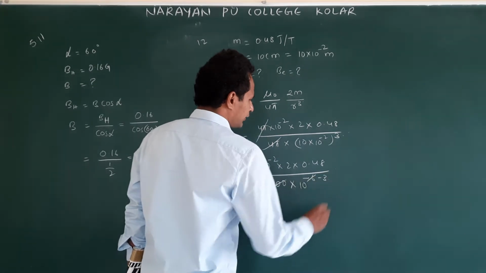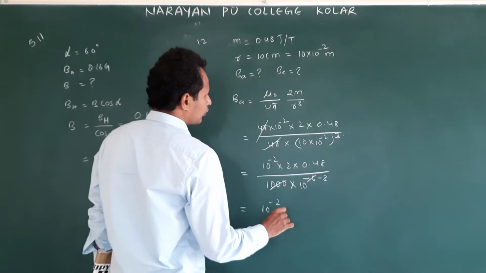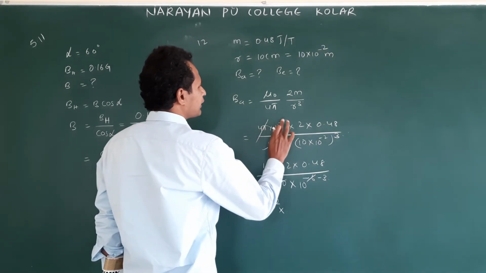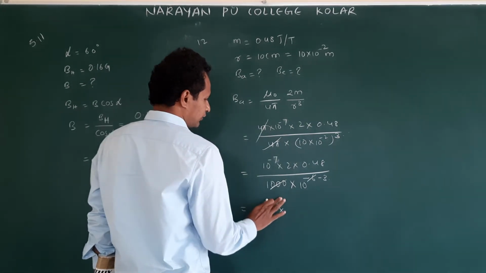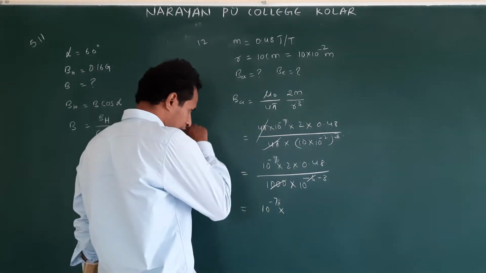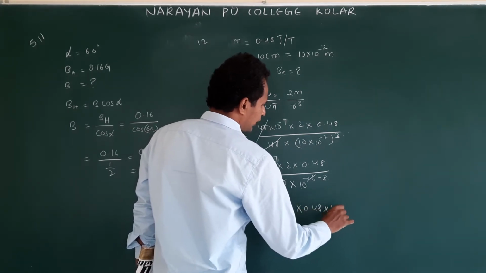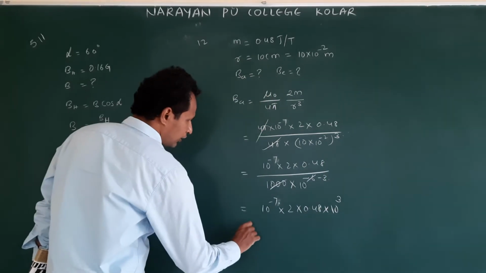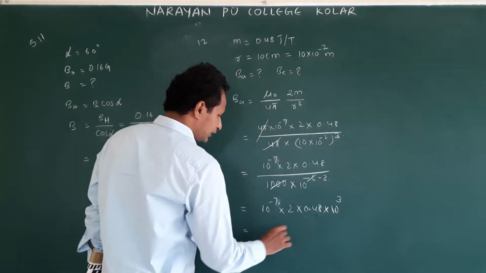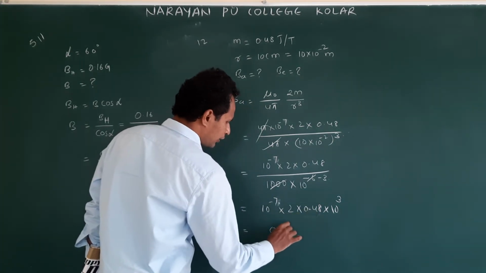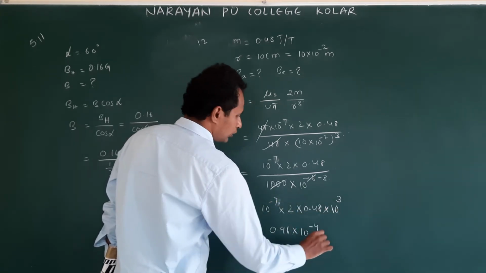This will be minus 3. Minus 3 comes up. It is 4 pi into 10 power minus 7, not minus 2. This is minus 7. Minus 7 into 2 into 0.48. 10 power minus 3 comes up. It is plus. And 2 into 0.48 is 0.96, into 10 power minus 7 plus 3, minus 4 decimal.